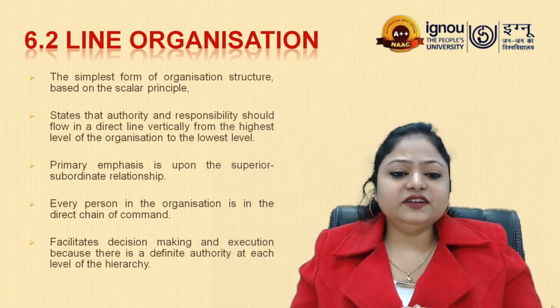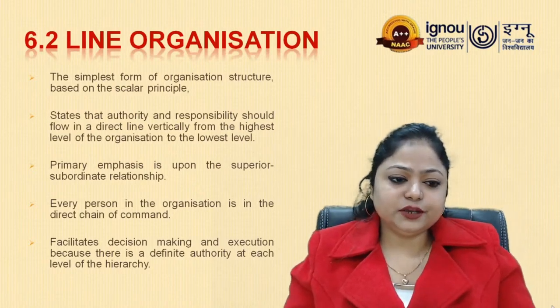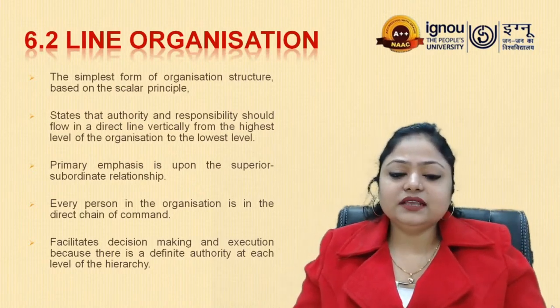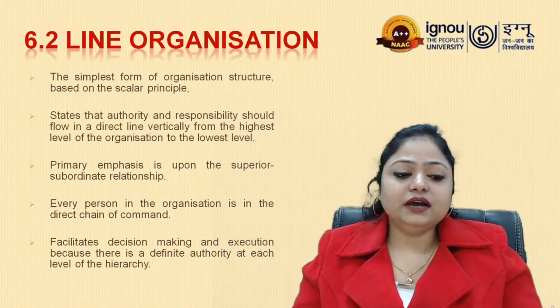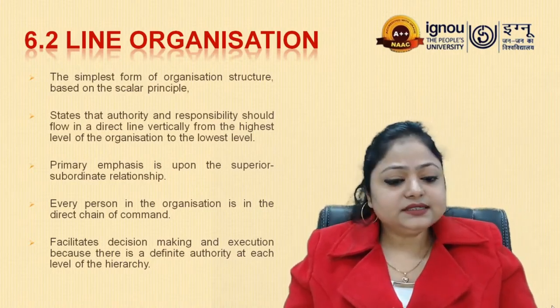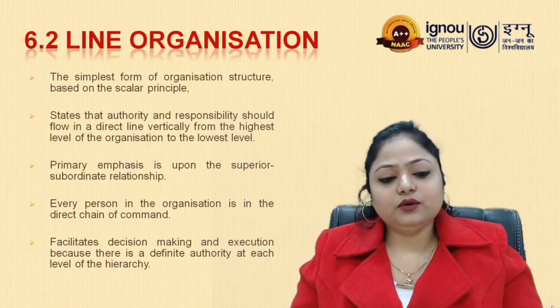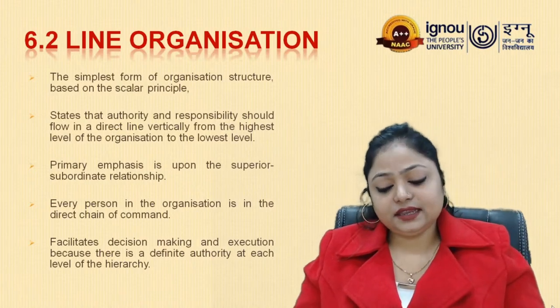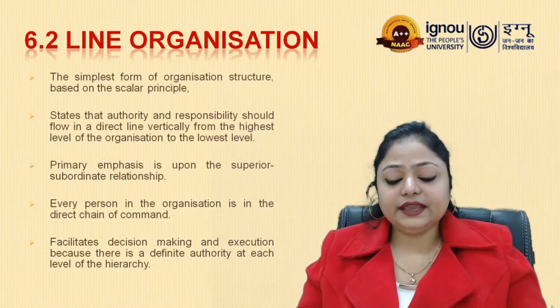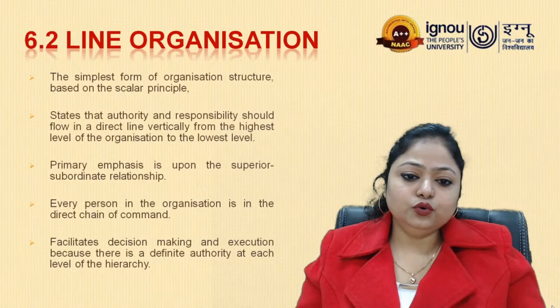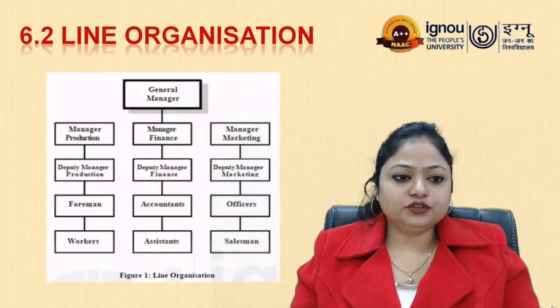The primary emphasis is upon the superior and subordinate relationship. Every person in the organization is in the direct chain of command. It facilitates decision making and execution of various plans because there is a definite authority at each level of the hierarchy. So everybody knows who they are supposed to report to.